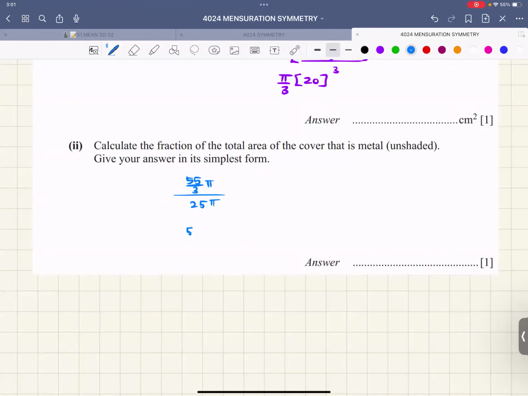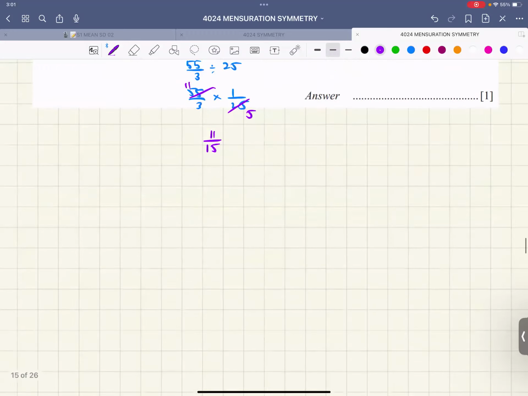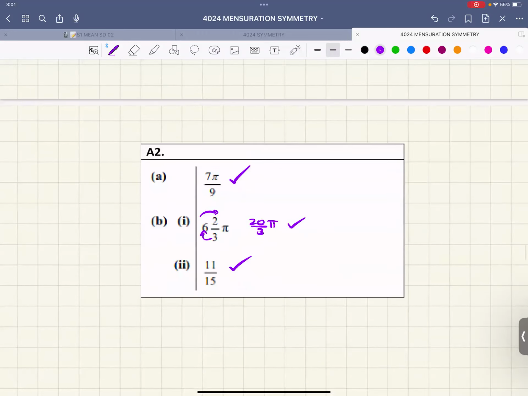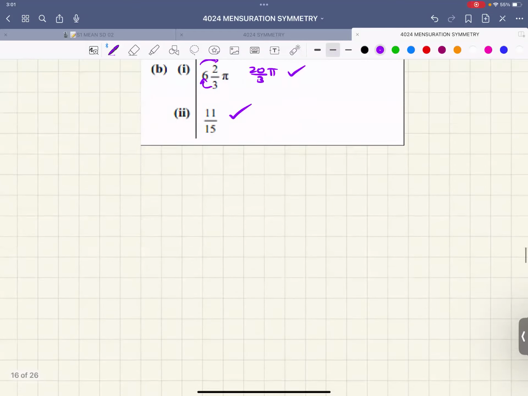So the pi will cancel out. 55 over 3 divided by 25. 55 over 3 into 1 over 25. That is 5 into 5, 5 into 11. That is 11 over 15. Is that the answer? Yes, the answer is 11 over 15. So this part is also done.